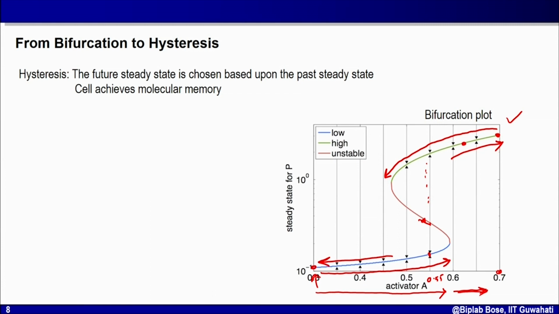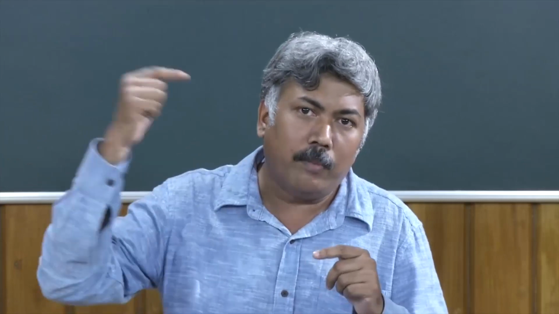So you can easily see here the path followed by the system when I am increasing A from a lower value to a higher value is different from the path followed by the system when it is coming back from a higher value of the signal A to a lower value of signal A. This typical behavior of two different paths is called hysteresis.